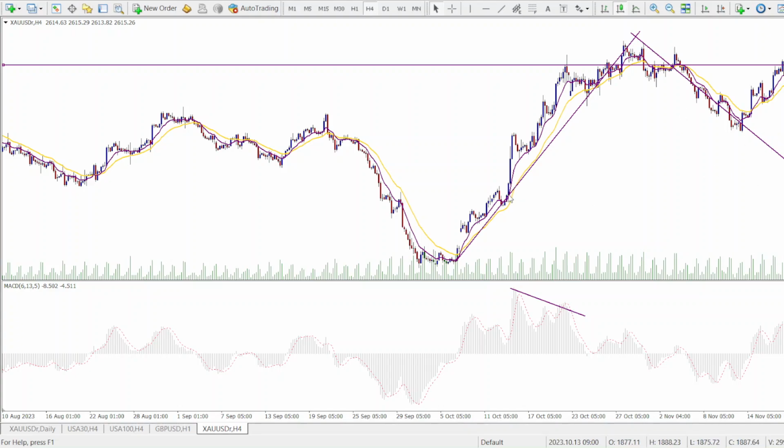Okay, so that is it for our patterns for spotting bearish reversal. We talked about the candlestick patterns, including shooting star, bearish engulfing, and evening star. We talked about the chart patterns, including head and shoulders, double top, and rising wedge. We talked about technical indicators that many traders usually use, including the RSI, the MACD, and the moving averages.